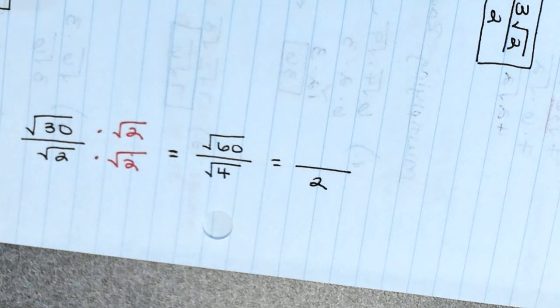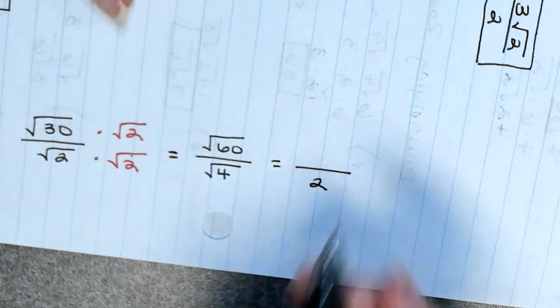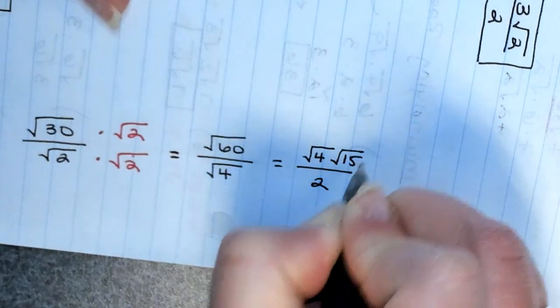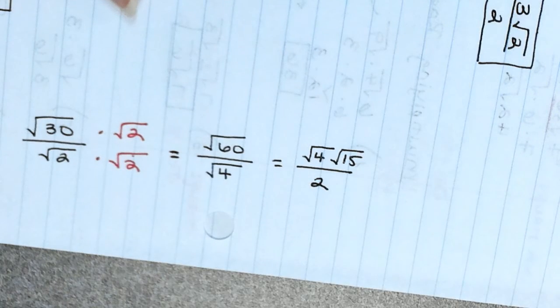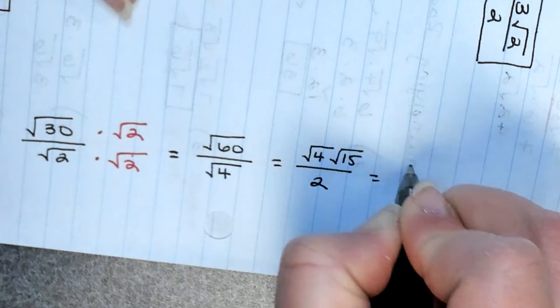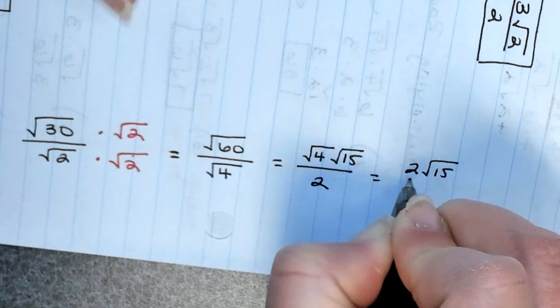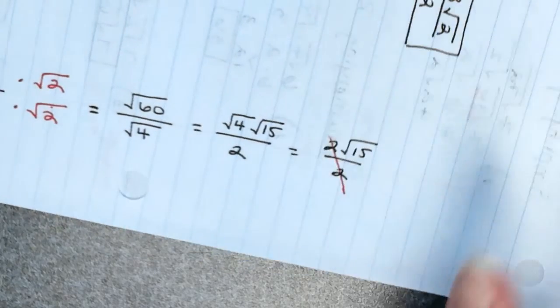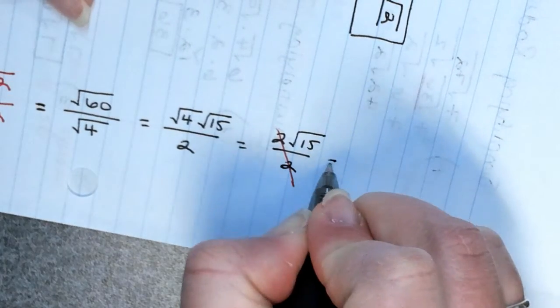What's a perfect square that goes into 60? 4 and 15. What's the square root of 4? Now what could you do? The 2's would cancel, and what would I be left with?